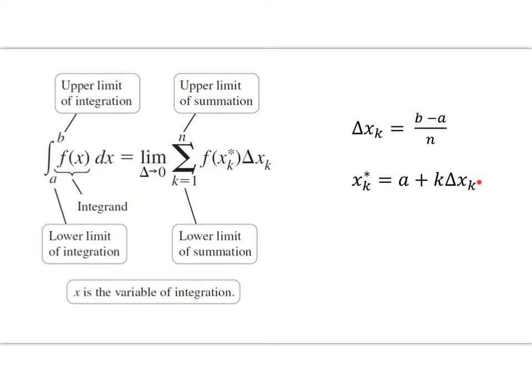Remember, we use the left bound when we're doing these, so a is going to be the starting one. If I haven't gone over any widths, it would just be a for my first rectangle. Then I keep adding on that difference to figure out what x value I'm at. But then I have to plug it into the function to evaluate the height at that specific x value.